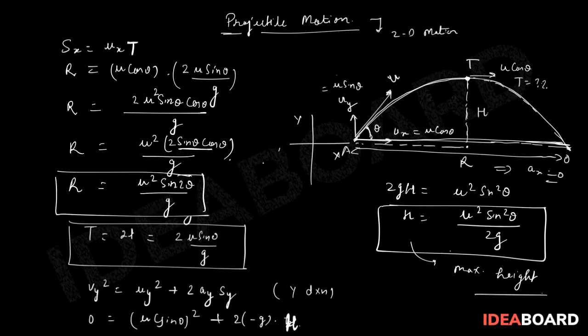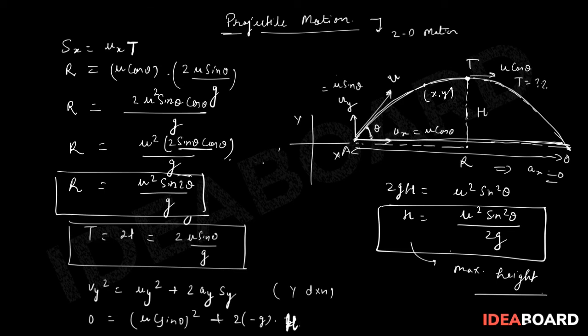So if we achieve these three parameters, we can explain projectile motion. Simultaneously, you can now calculate the value at any particular instant. Let's say if this is time t and you want to know the coordinates of the point at time t, then also you can utilize these equations to find out these points.